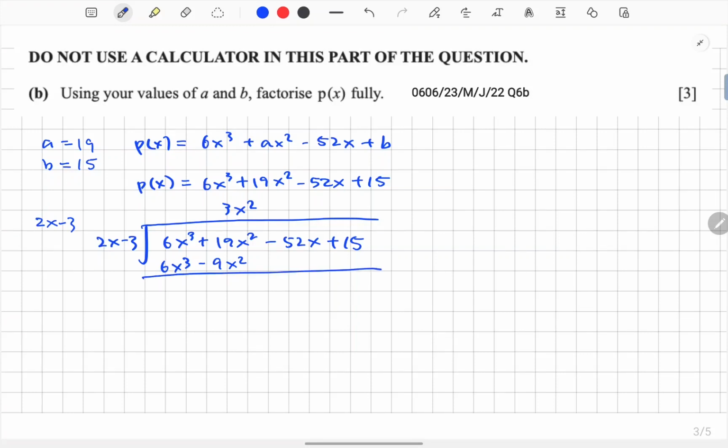Now 19 minus negative 9 is 28x squared. So the second term will be 14x. So their product is 28x squared.